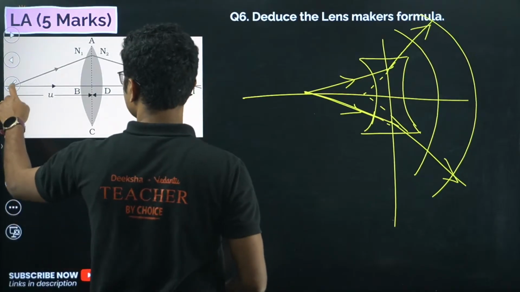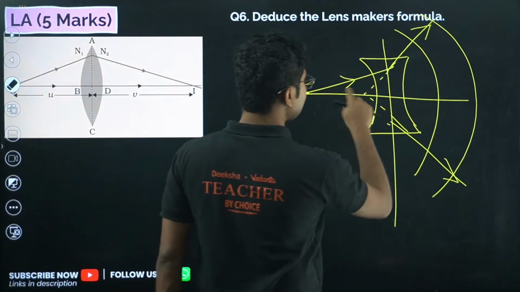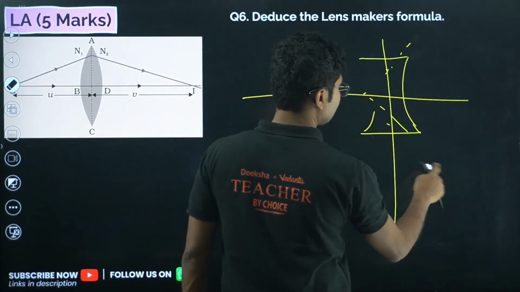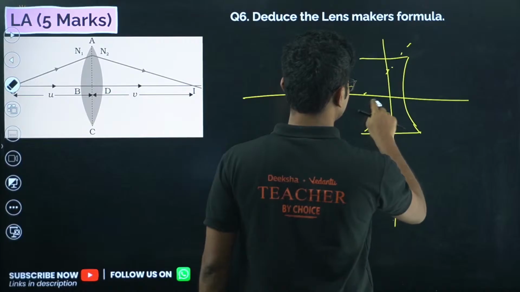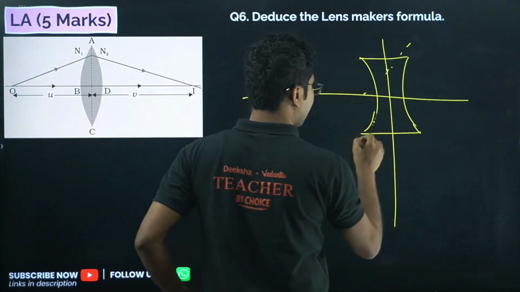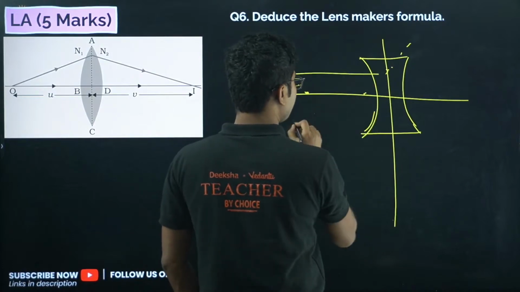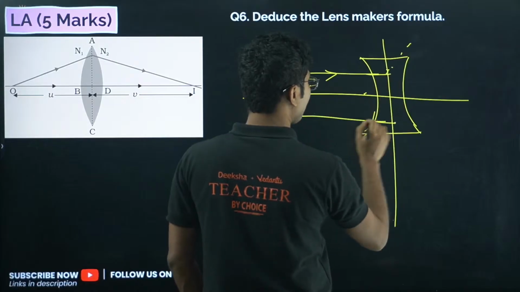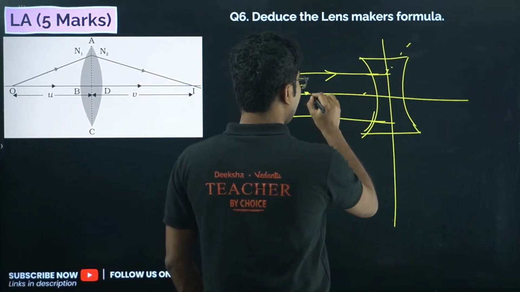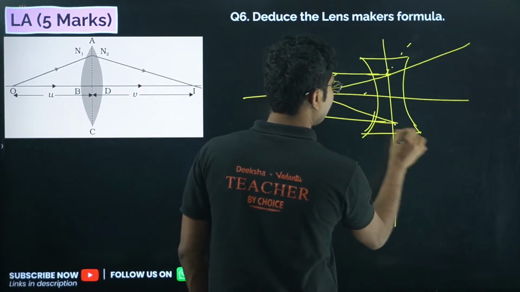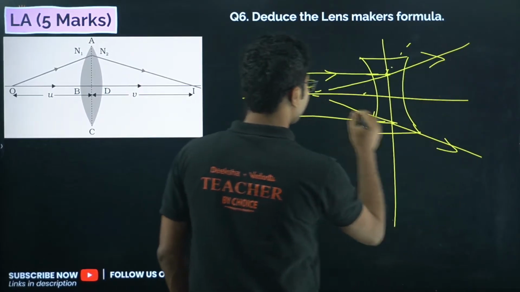If they ask that a parallel ray falls on the concave lens, then after it falls, it actually diverges, but if you track the rays back, it always starts from the focus.